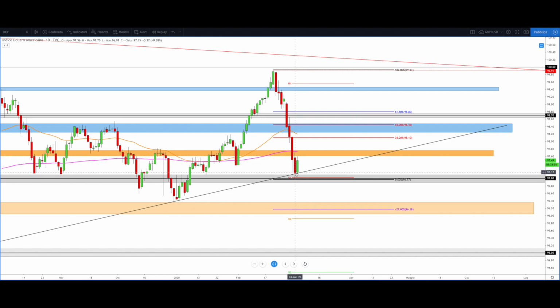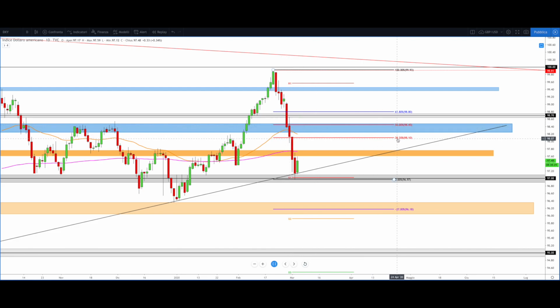formed a big bearish candle that touched perfectly 97 and this bullish trend line. And obviously after this touch, guys, I expect a correction, because we can see that using Fibonacci from the beginning of this last bearish phase, we had 2 Fibonacci retracements matching critical areas for the dollar index.